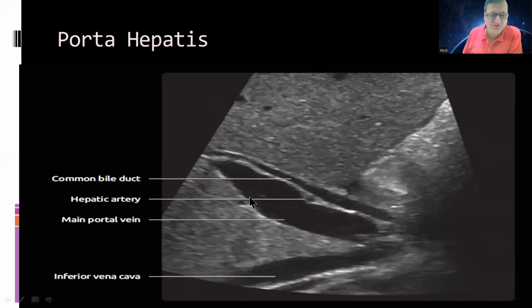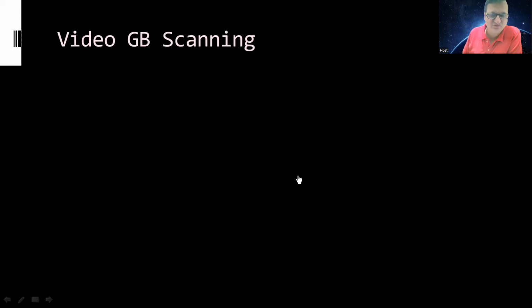This is the porta hepatis, again common bile duct, hepatic artery, and the portal vein. This is the video of the gallbladder scanning, by which you can recognize how the scanning of the gallbladder is done.